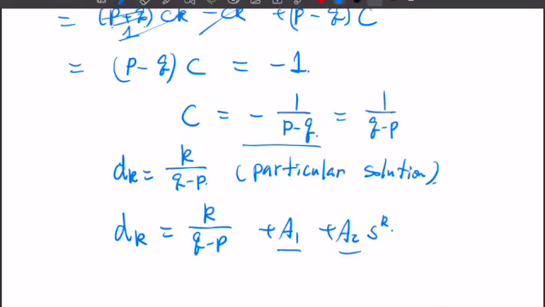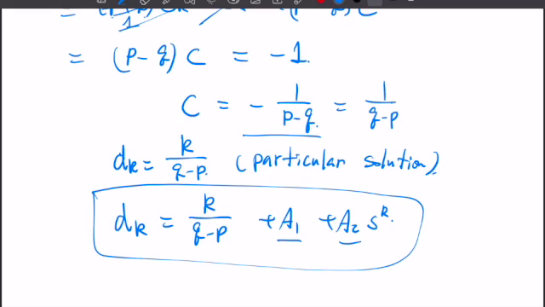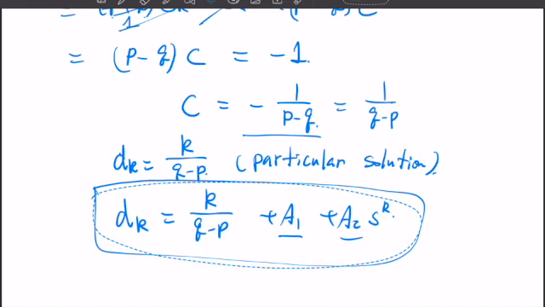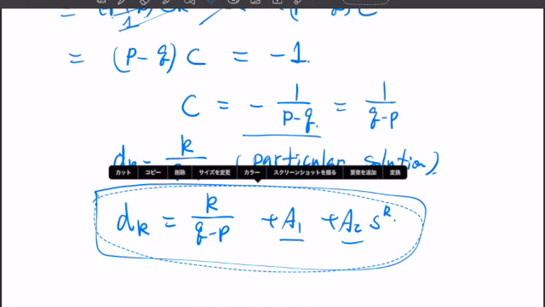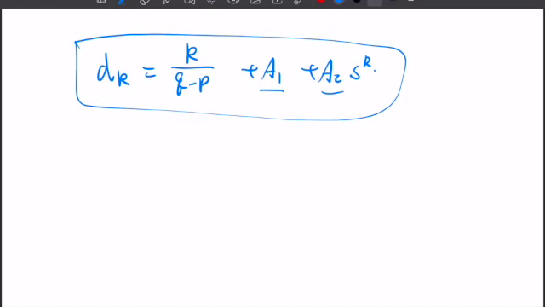So let's see what we can get. Okay, so d_0, if you put 0 here, it's 0, and this is A1 plus A2.